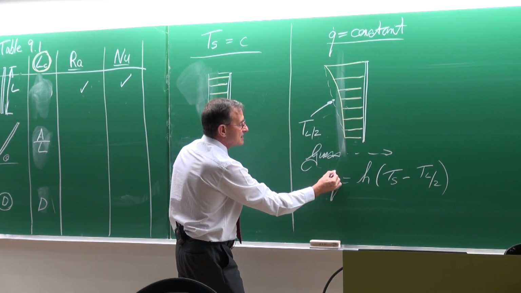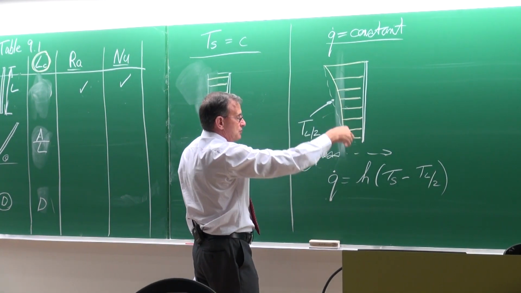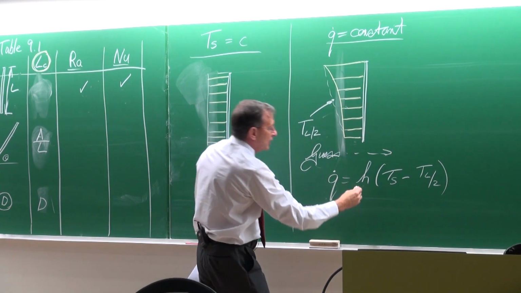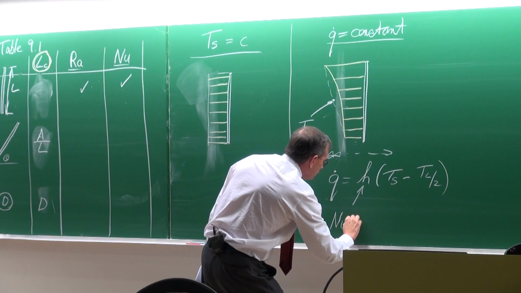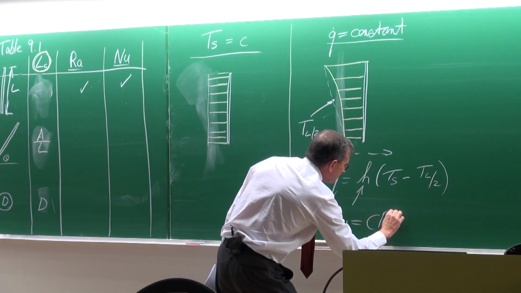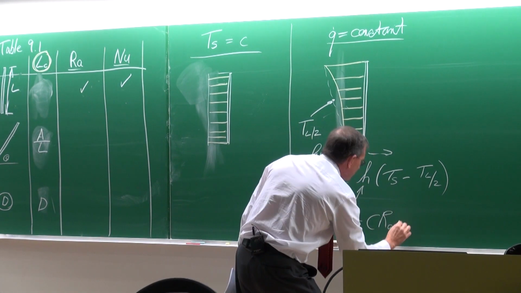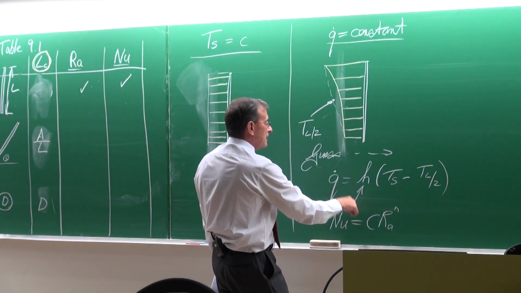Because it's a constant heat flux problem, the heat flux will be given. You're going to get the heat transfer coefficient from the correlation of the Nusselt number, which is a constant multiplied by Rayleigh to the n. You're going to get it from there.